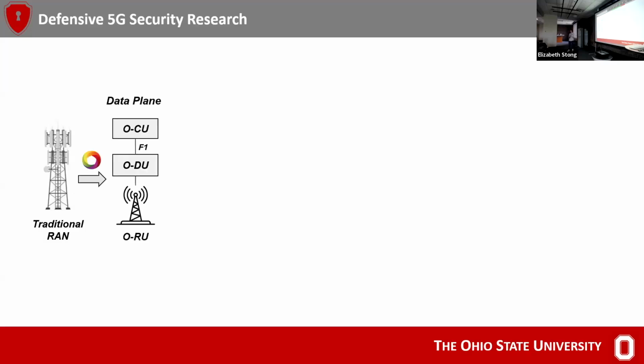We found that 5G is actually moving towards a more open standard architecture that breaks the vendor lock-in of RAN implementation. This is called Open RAN, or ORAN. ORAN breaks down the base station implementation into several logical units that are interconnected.